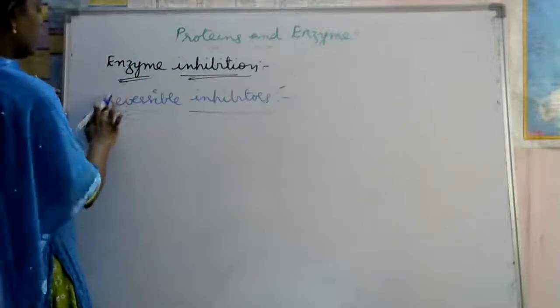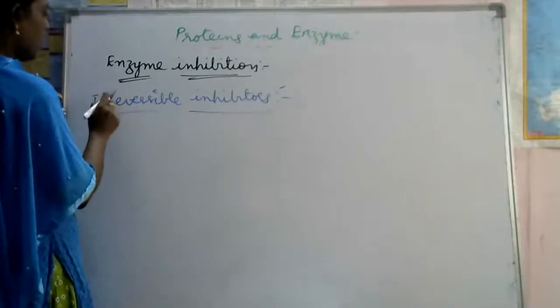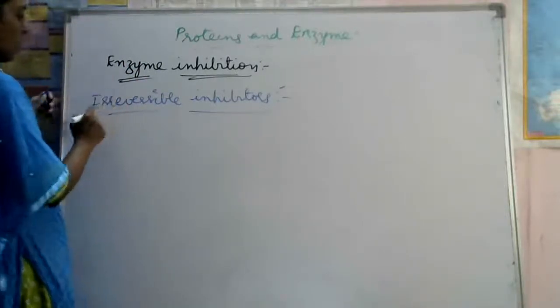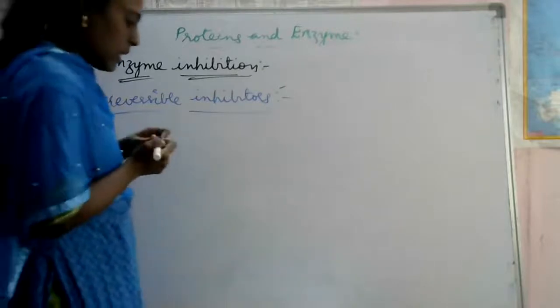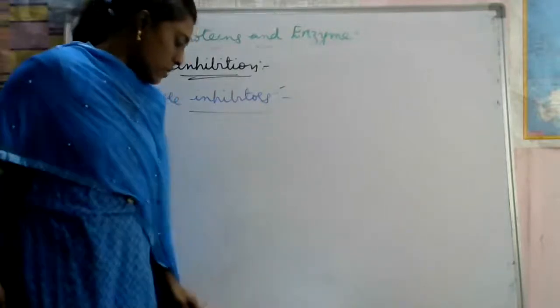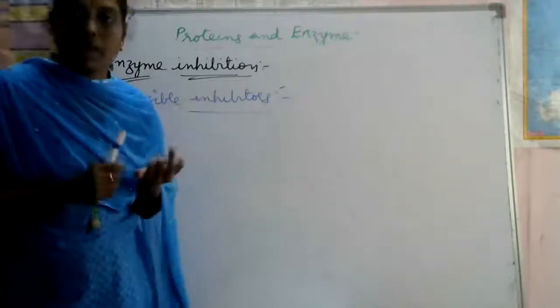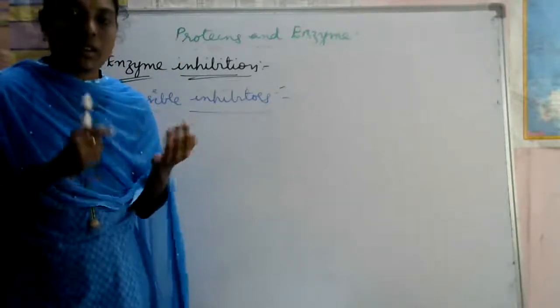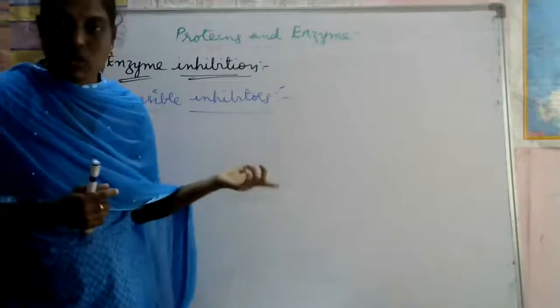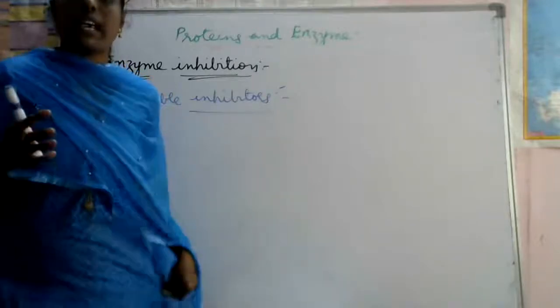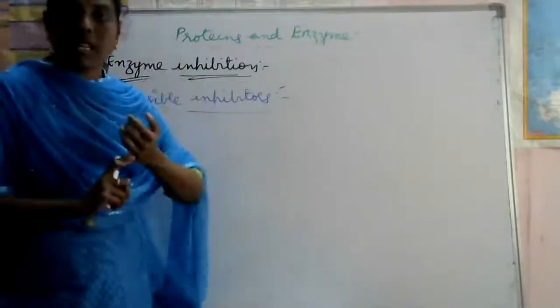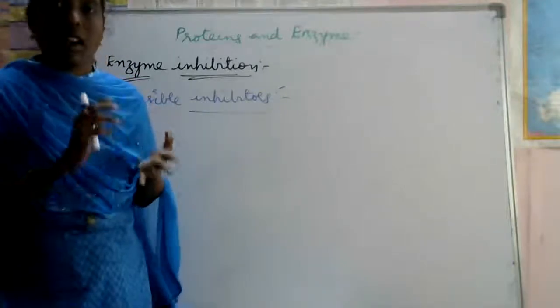Second one, irreversible inhibitor. Irreversible inhibitors covalently bind to the enzyme. In the previous case, there is no chemical reaction between substrate, inhibitor and enzyme.